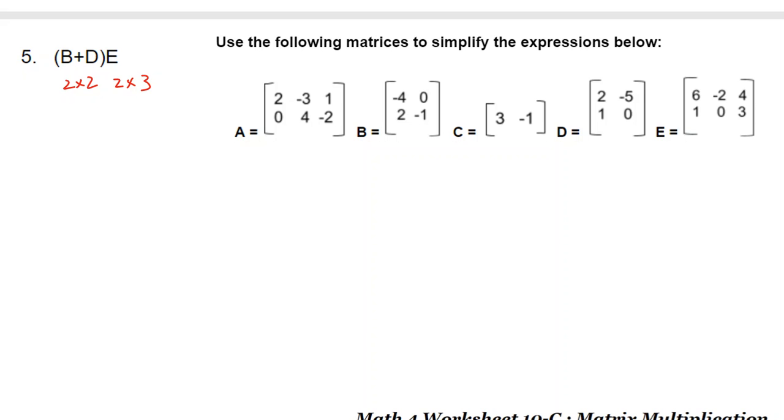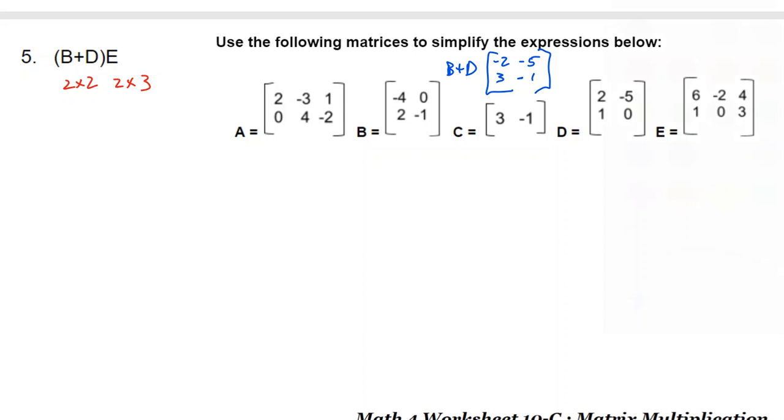Now, let's go ahead and add B plus D together. I'm going to wind up with -4 plus 2, 2 plus 1, 0 plus -5, -1 plus 0.